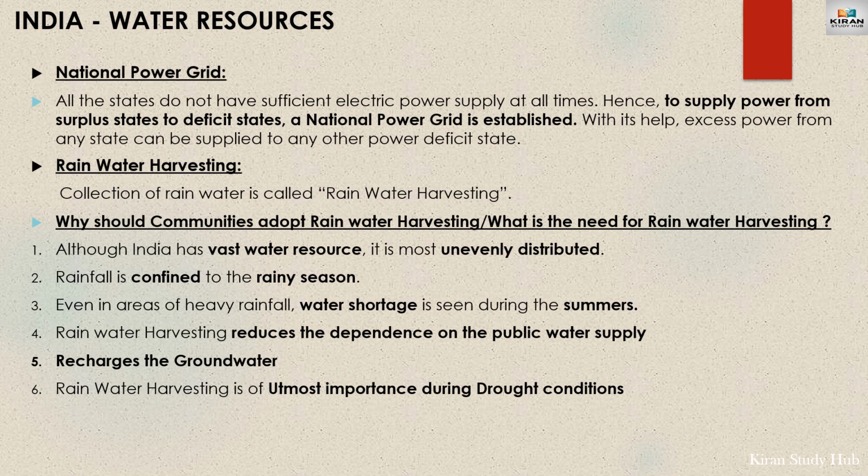Even in the areas of heavy rainfall, water shortage is seen during the summers. Rainwater harvesting reduces the dependency on the public water supply. It recharges the groundwater, and it is of utmost importance during drought conditions.